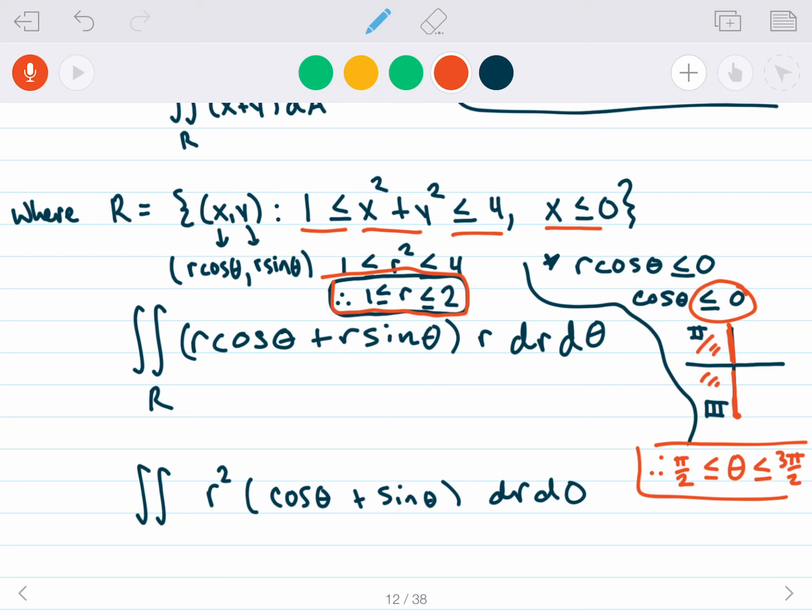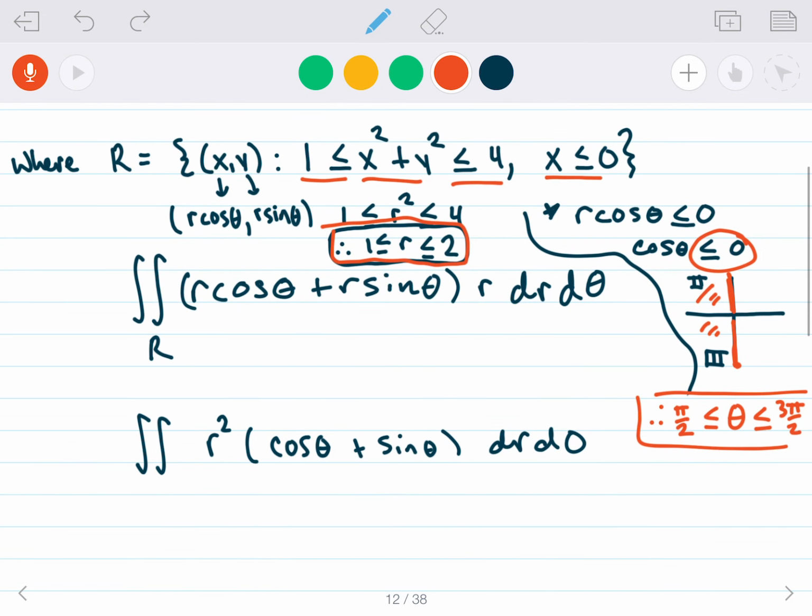Why it's the hardest part? Because you look at this and you're like, I don't know what you're talking about. You kind of have to reason through it. Anyway, since I am integrating with respect to r first, I'm going to put my r bounds on the inside, going from 1 to 2. And on the outside are my theta bounds, going from pi over 2 to 3 pi over 2.